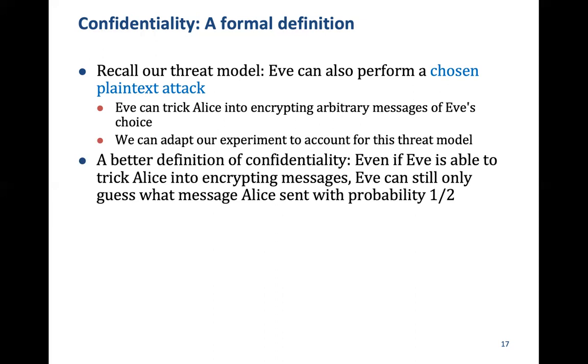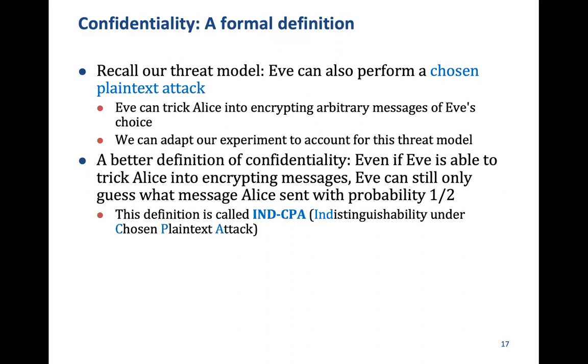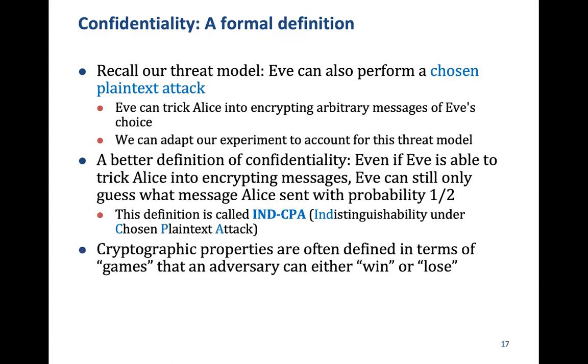Whether M0 or M1 is sent by Alice, even with prior knowledge, Eve should not be able to find out which one was sent. Eve can still only guess the message with probability 1/2. So this definition is called IND-CPA. Any question?